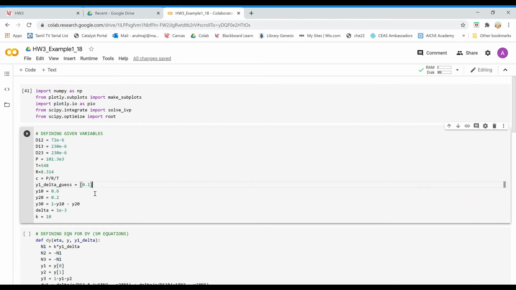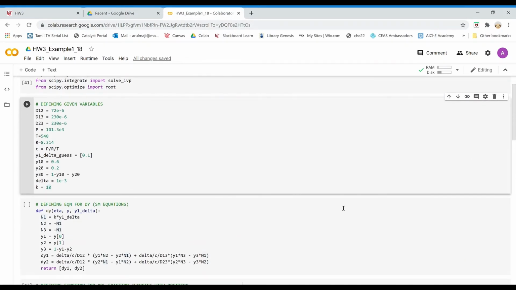And then we are defining our mole fractions at our initial point. Also here we have our delta, which is our boundary layer thickness, and then K is our reaction rate.